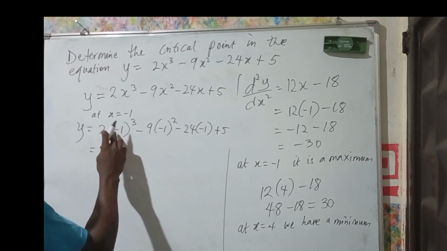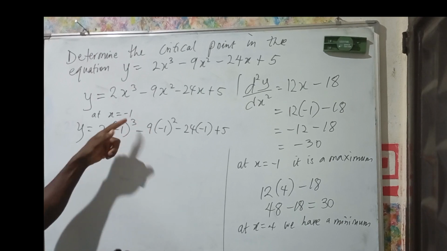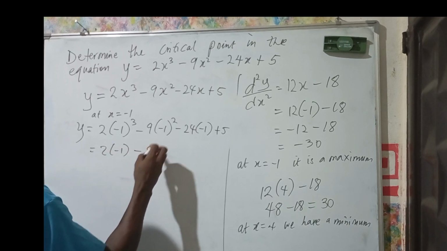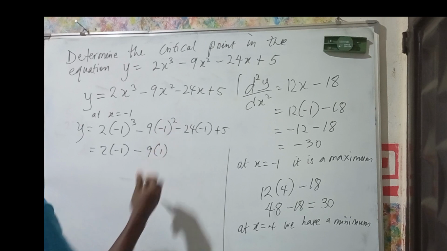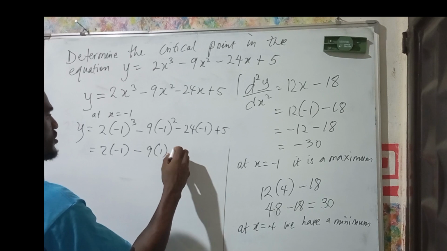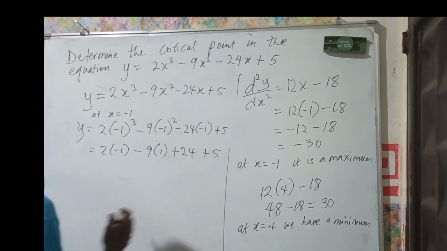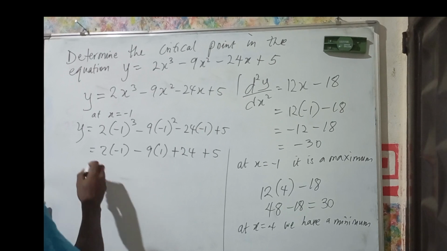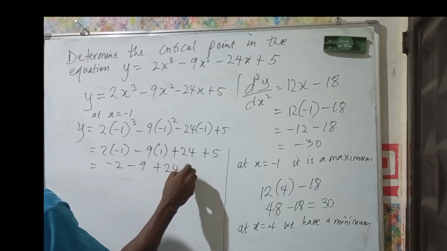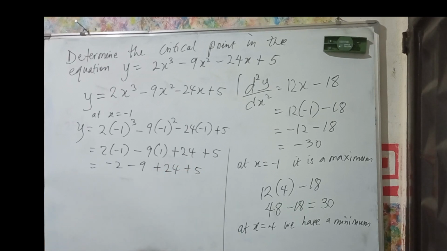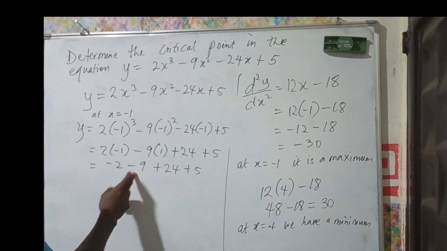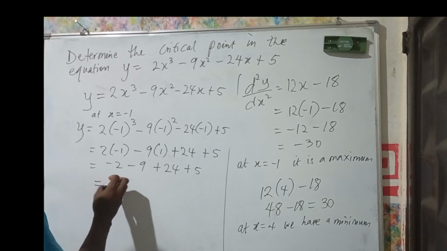Okay, so now (minus 1) to the power of 3 is still minus 1. So we have 2 times minus 1, minus 9 times (minus 1) to the power of 2 which is 1. Now minus 24 times minus 1 will give us positive 24, plus 5. So here we're going to have a negative 2, negative 9, positive 24 plus 5. 24 plus 5 is 29. 29 minus 9 is 20. 20 minus 2 is 18.